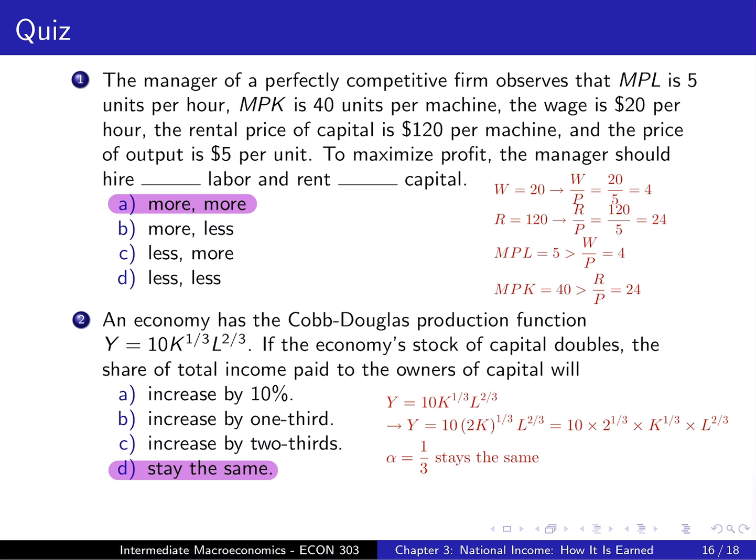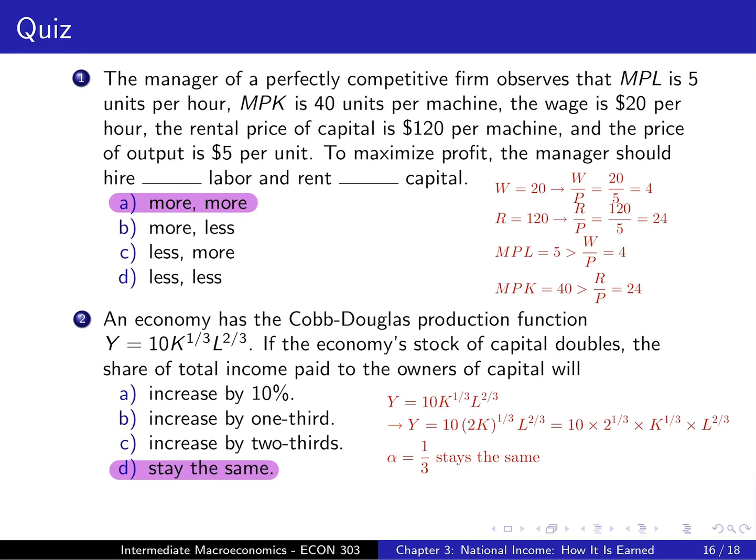Compare to marginal products. MPL equals 5 is greater than W over P equals 4. So hire more labor. MPK equals 40 is greater than R over P equals 24. So rent more capital. The answer is A. Hire more labor and rent more capital.